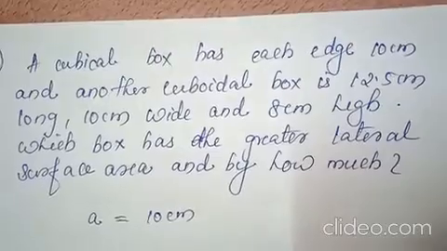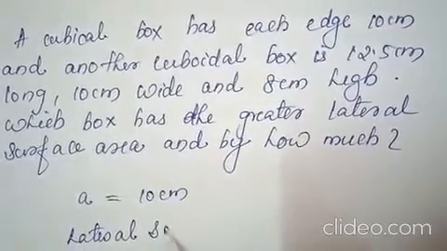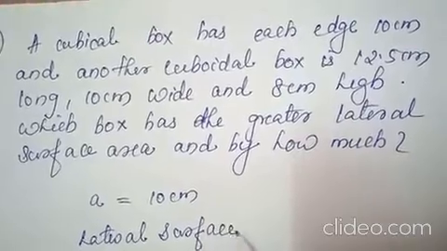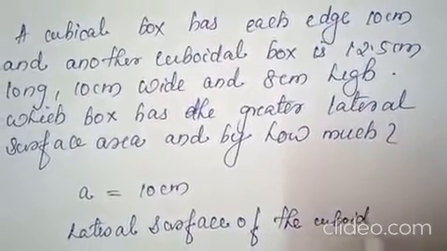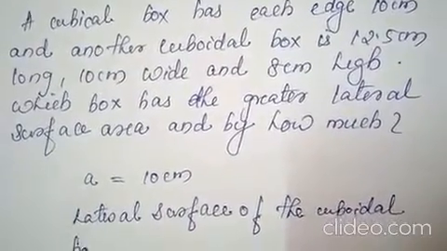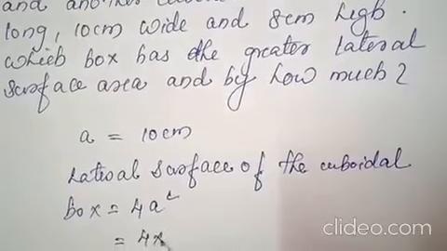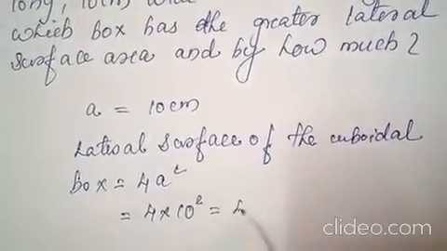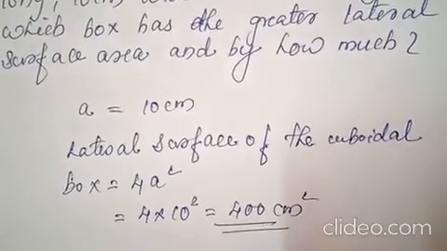So lateral surface of the cuboidal box is what? Lateral surface, we have to find, is it? Lateral surface of the cubical box equals 4a square, is it? So 4 into 10 square. We will get the answer 400 centimeter square. This is the lateral surface of the cubical box.